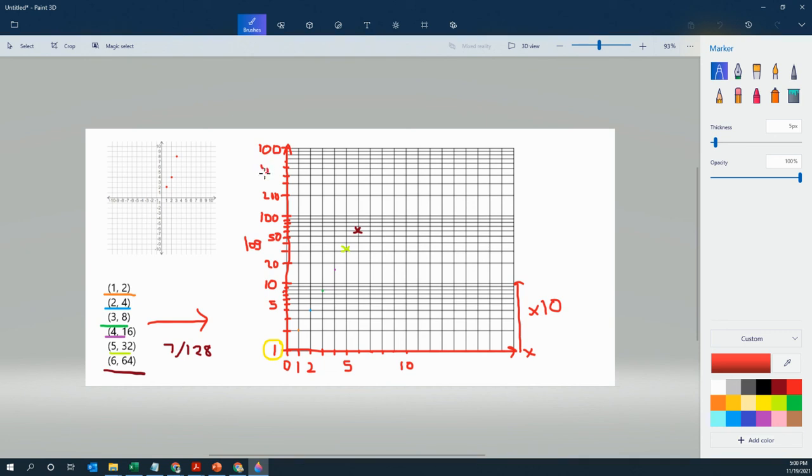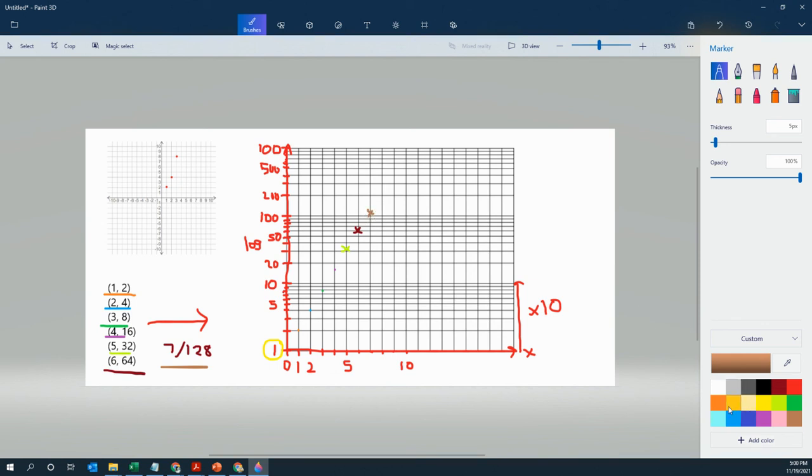So let's mark the 500 again. 600, 700, 800, 900. So the 6 was 64. Let's go to the next one. Actually, let's give it a different color again. 7, 128. 7, 100, and 128 is going to be like here, right? It's not going to be very far in.